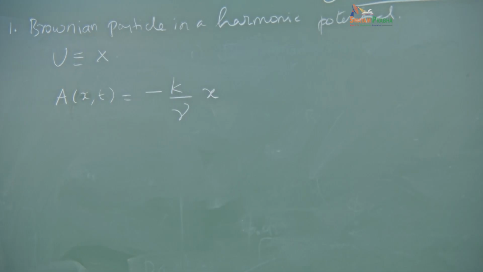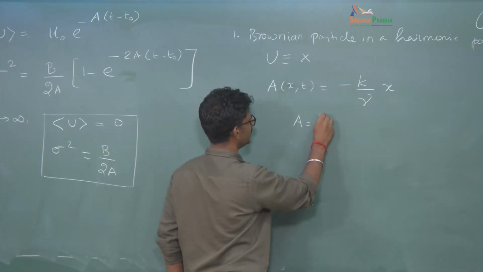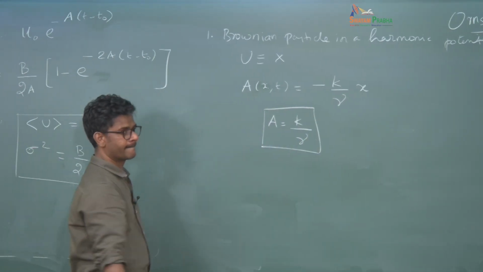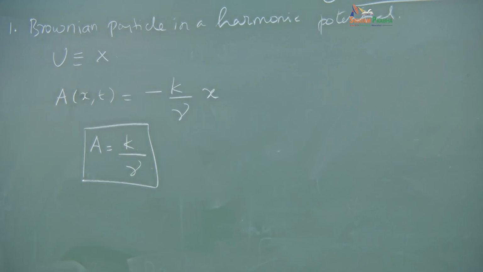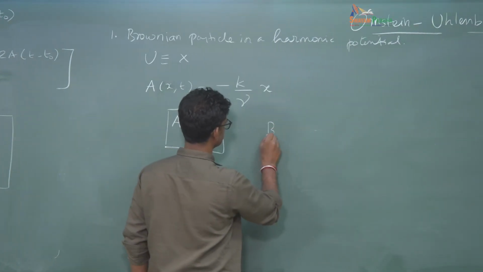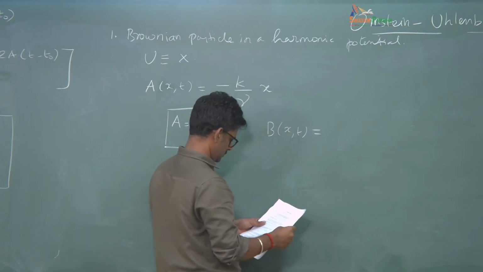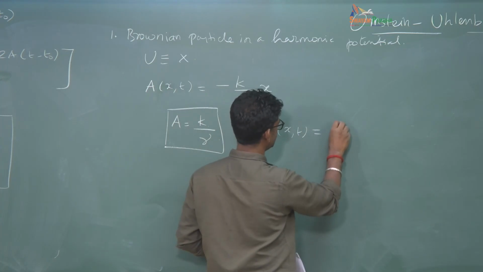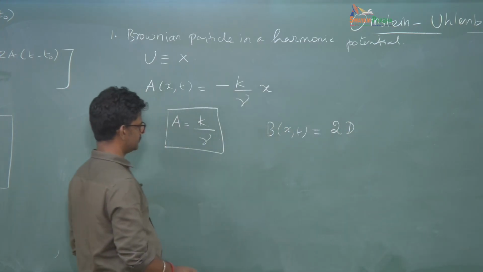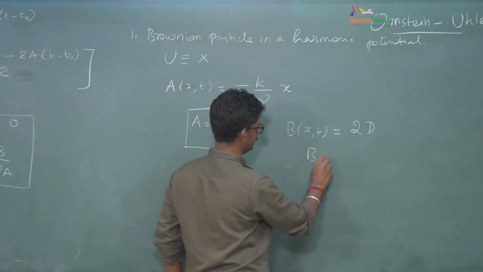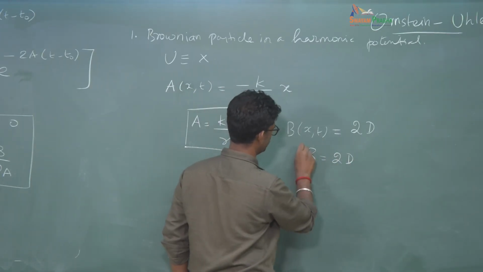In other words, in this equation, wherever we have A, we have to replace that with k by gamma, right? And then B was considered as 2D. So that means wherever we see B here, we should be replacing that with 2D.